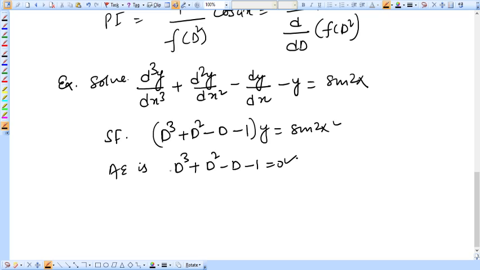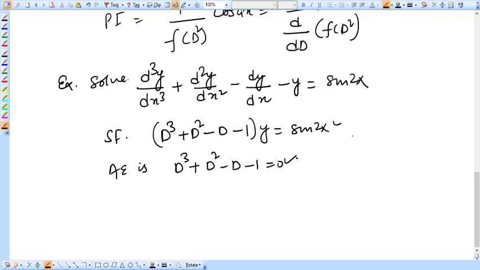So we are going to find the first root by hit and trial method, like we did in the last example of the first rule, right? In this we are going to try 0, 1, 2, 3, minus 1, minus 2, minus 3, and so on. Whichever fits, we take as a root of the given auxiliary equation.